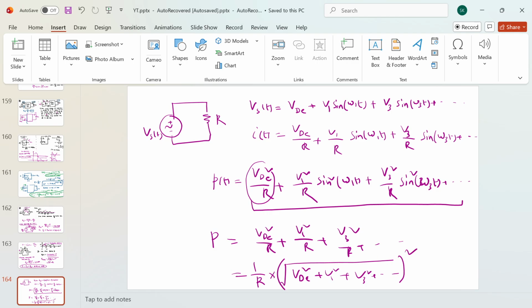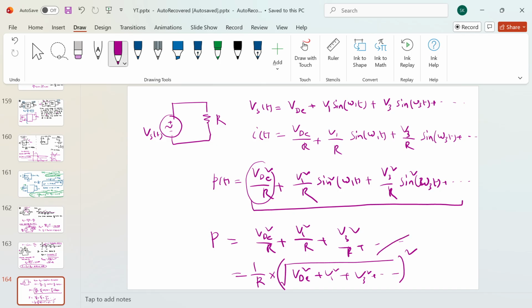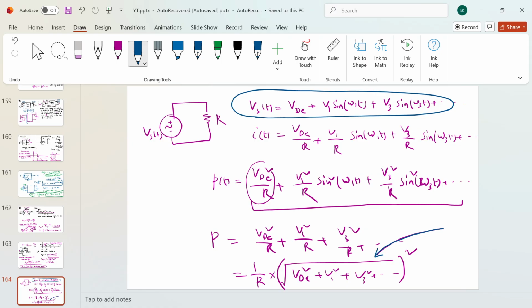And if you look at this particular expression, it is simply the RMS value of this voltage source. So for a resistance, if you want to calculate power, you must know the current flowing through the resistance, or the RMS value of the voltage across the resistance. These are the two things you must know to calculate the power consumed by a resistance. From this discussion, if you have any doubt, you can ask in the chat box. Thank you.